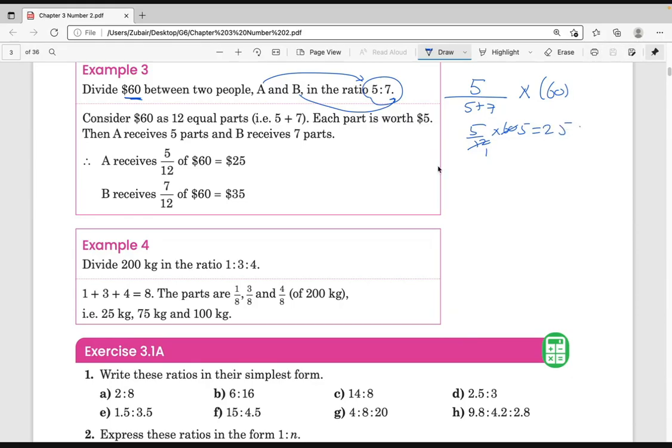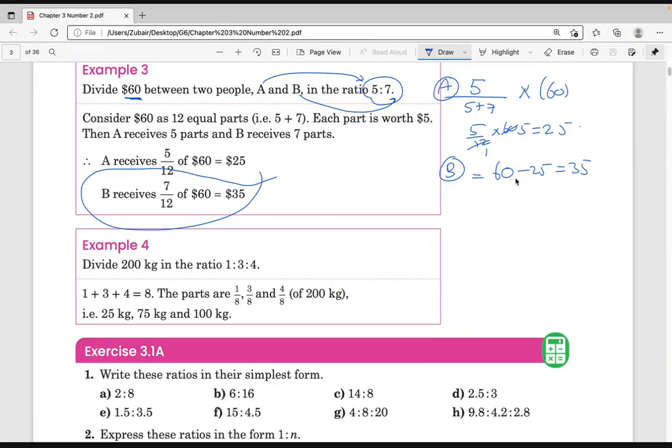Now for the second person, you can use those ratios again, or else, because we know there's no third person, we can also do this. 60 minus 25 is 35. So first person is getting $25 and the second person is getting $35.